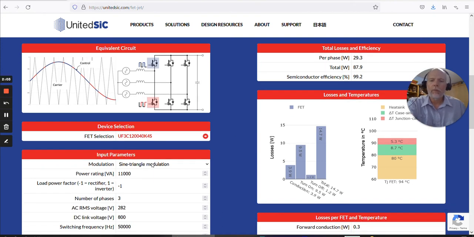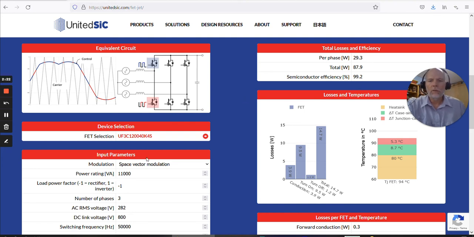Okay, so now if we go to space vector, you'll notice that the switching losses and conduction losses all look the same, and in fact there's only a very slight difference in power loss between sine triangle and space vector. Well, there are some significant differences in how the inverter operates.